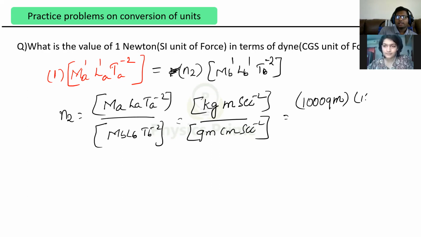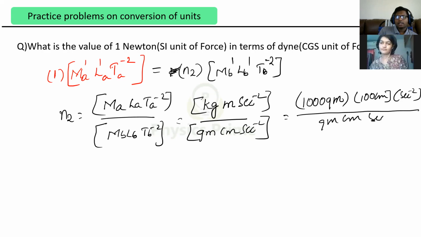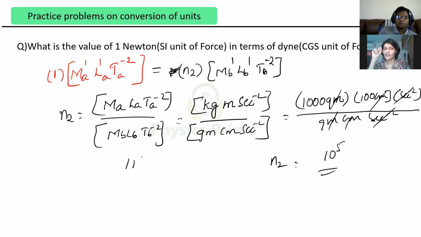Meter is 100 centimeters, second is second only. Second gets cancelled, gram gets cancelled, centimeter gets cancelled. This will become 10 power 5 as the value. N2 is equal to 10 power 5. That means 1 Newton is equal to 10 power 5 dynes.